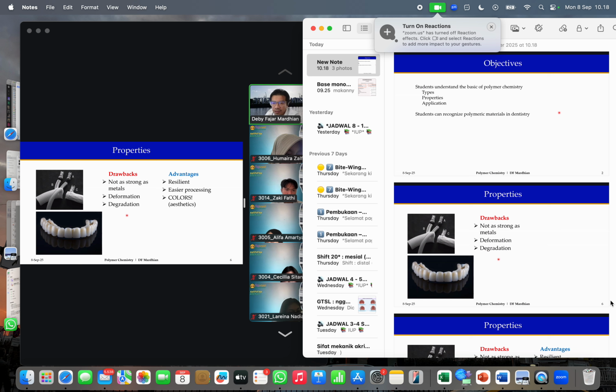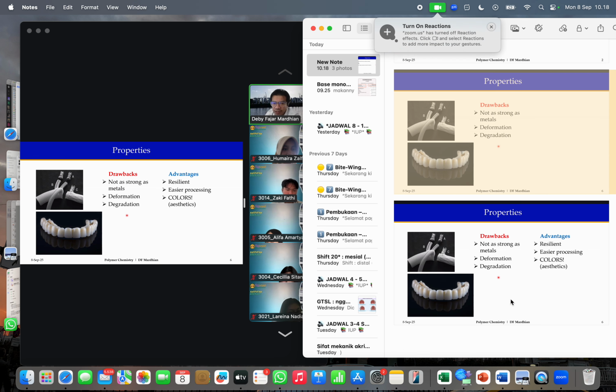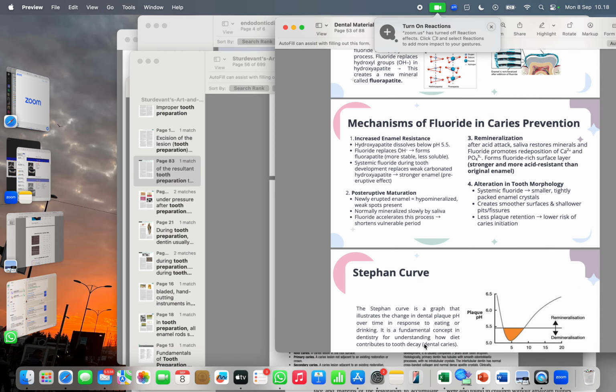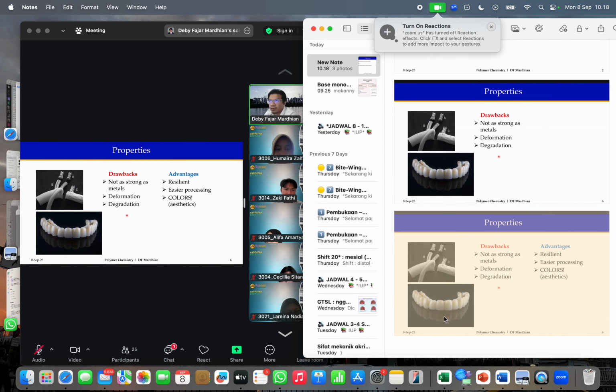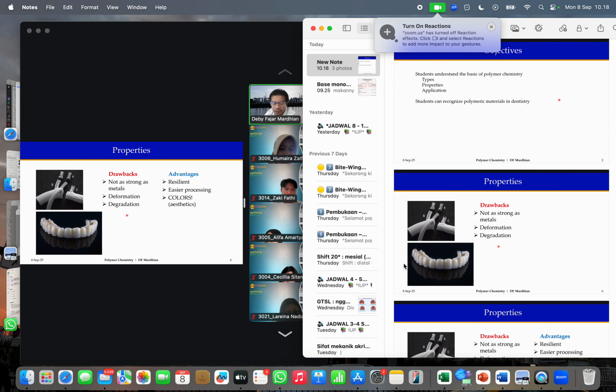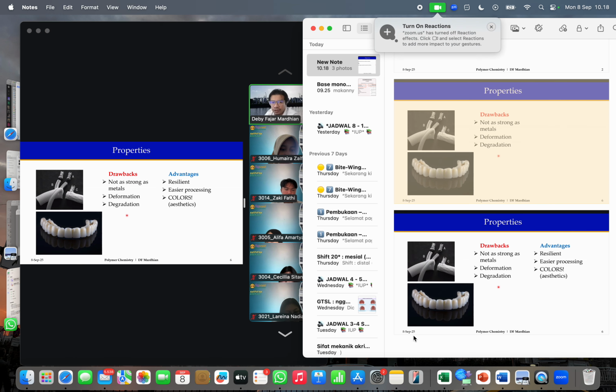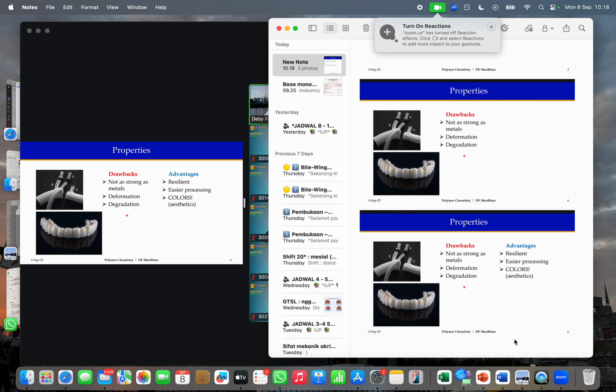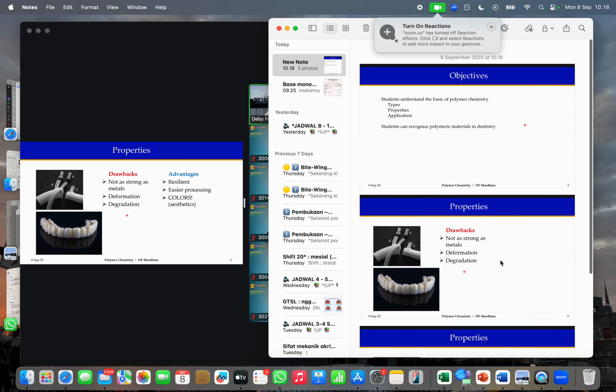And the last thing, which is also the most important in dentistry, is their color or aesthetics, because sometimes we need clear, shiny, translucent or transparent materials for application in dentistry, especially when we need something to do with the anterior teeth.